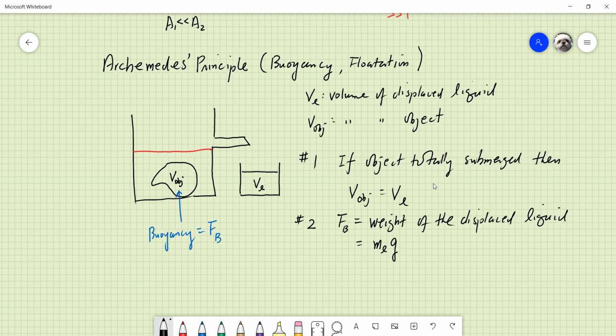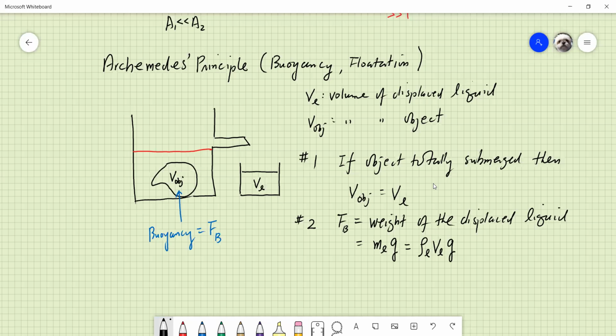But what is the mass? Remember that from now on, when we are talking about fluid mechanics, forget about the mass. Whenever you see the mass, you're going to write it in terms of the density of the liquid times the volume of the liquid. Density times volume equals mass.